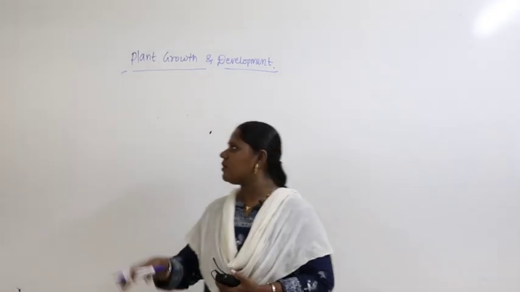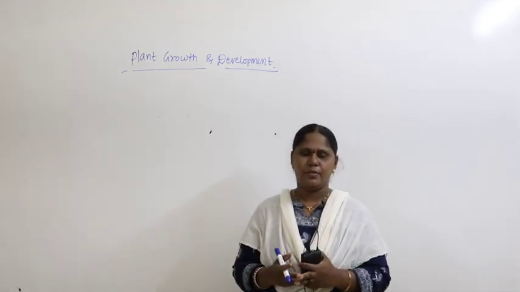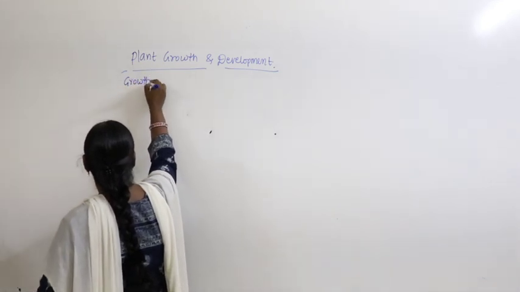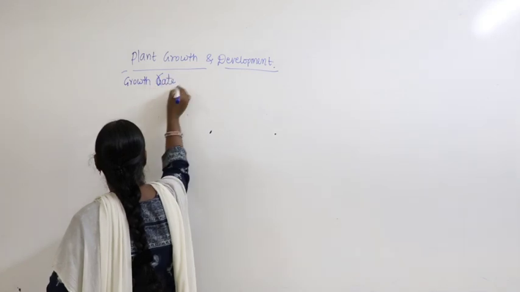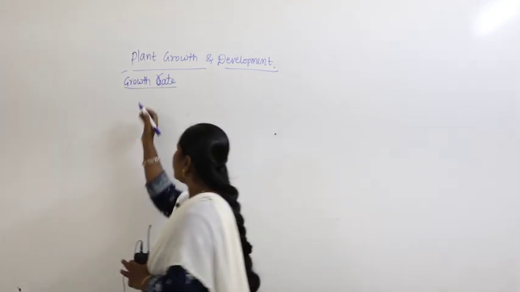Let us continue with the concept of plant growth and development. What we studied for the last class? Growth curve, if you take, or growth rate, we have two types of growth rate we studied. What are they?